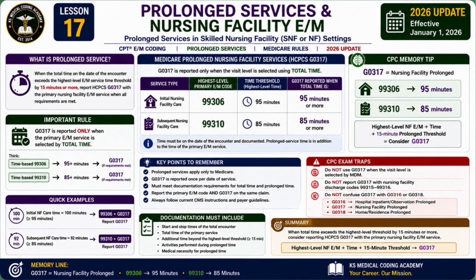Your CPC memory line is G0317 equals nursing facility prolonged service, 99306 → 95, 99310 → 85. Next, we'll review Medicare-specific nursing facility coding rules and common exam traps.